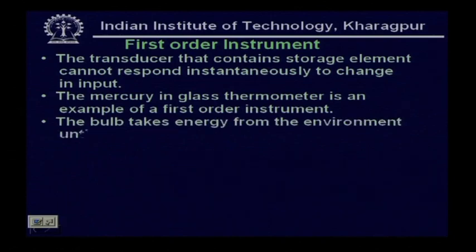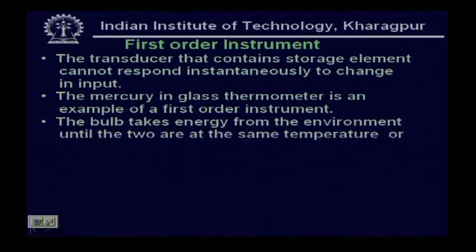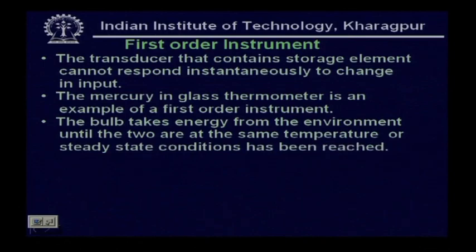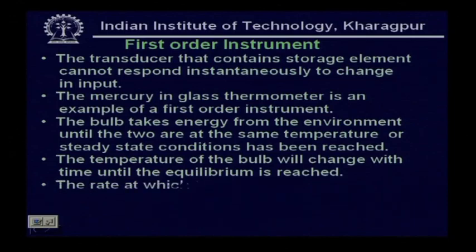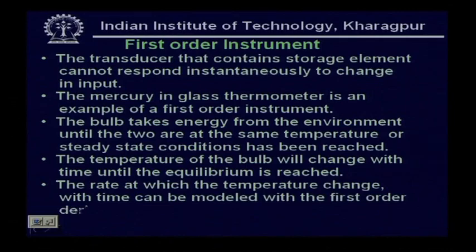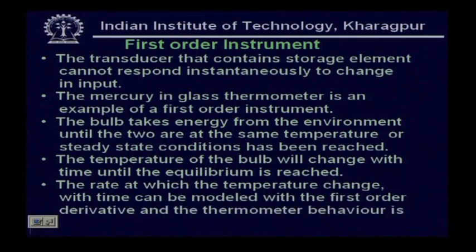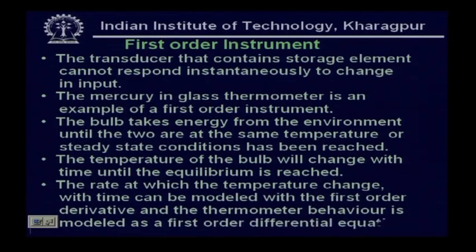The bulb takes energy from the environment until the two are at the same temperature or steady state condition has been reached, right. The temperature of the bulb will change with time until the equilibrium is reached. The rate at which the temperature changes with time can be modeled with the first order derivative, and the thermometer behavior is modeled as a first order differential equation.